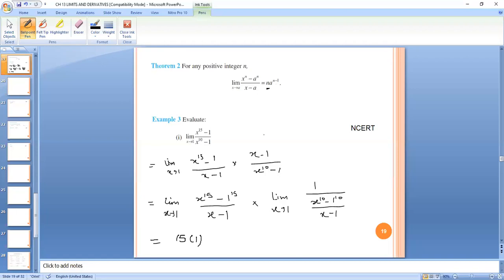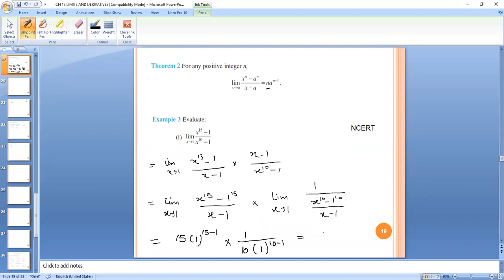A raised to power n minus 1 means 1 raised to power 15 minus 1, into. The same way we will have 1 upon. We will apply the formula in the denominator term. What is n? It is 10. A is 1. Power n minus 1 means 10 minus 1.